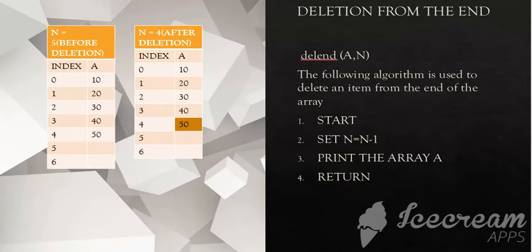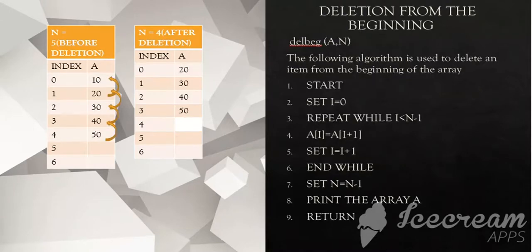And what about deletion from the beginning? For deleting an element from the beginning, all the rest of the bottom elements are shifted upwards one step. In this example, with an array having 5 elements, the second element is moved up onto the first position so that the first element gets cleared off.